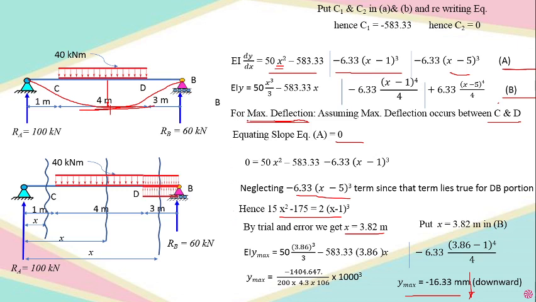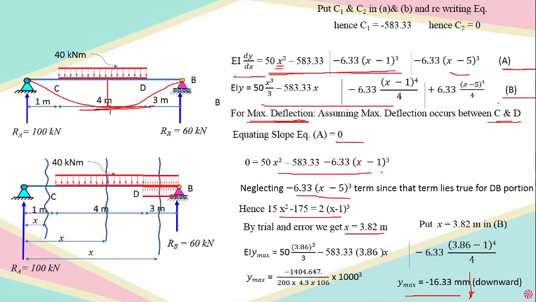In this problem, it was asked to find the maximum deflection. We already know maximum deflection is occurring between C and D, so these two terms are to be taken for the further analysis. Applying the condition that maximum deflection occurs where slope is 0, take the equation of slope and equate it with 0.